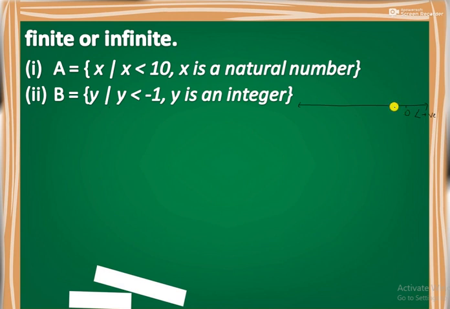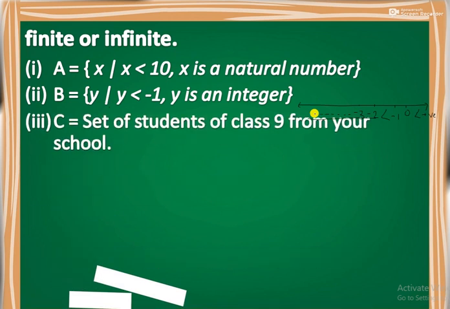Here -1, and here -2 and -3, all these numbers are less than -1. That means -2, -3 and so on. So we don't know the limit of this.